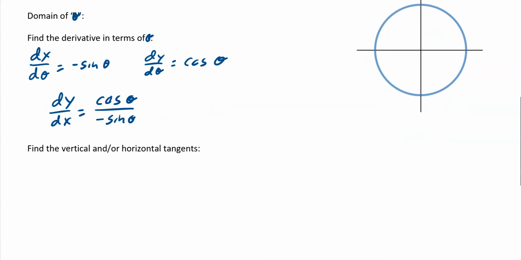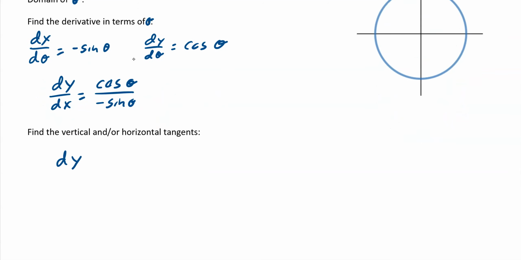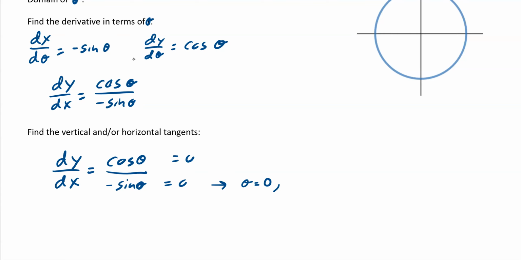Okay, so now to find the vertical and horizontal tangents, again, we take the top, set it equal to 0. Those are our horizontal. And we take the bottom, set it equal to 0. And then those are our vertical tangents. So let's start with the bottom. We already know sine of theta is equal to 0 at theta equals 0 and pi.